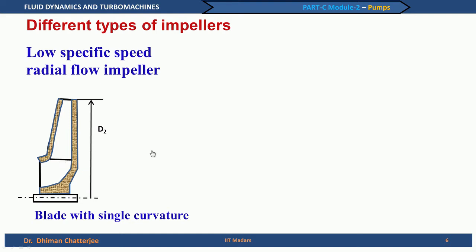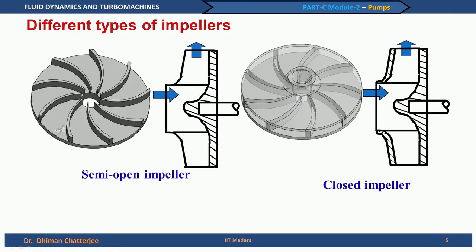In these cases the blades are found to be single curved. Single curvature means, imagine that you have a paper in your hand and you bend the paper and look at it. So, this is a blade, individual blade shown, which you can relate to the blade that I have shown here.